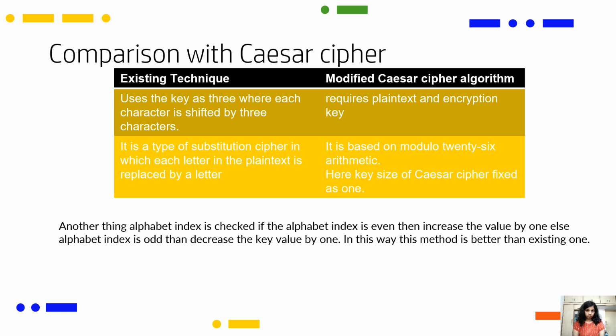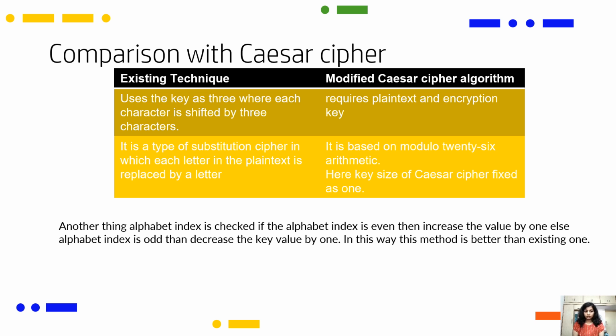So simply saying, each letter will be replaced by another letter in the existing technique. In the modified algorithm, it requires a plaintext and an encryption key, and it is based on modulo 26 arithmetic. Here the key size of the Caesar cipher is fixed to 1.